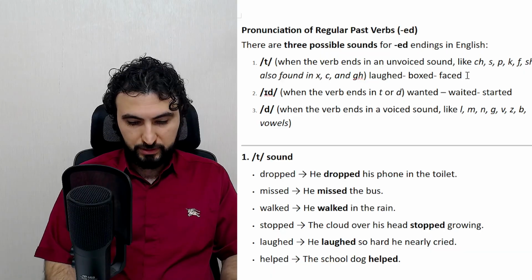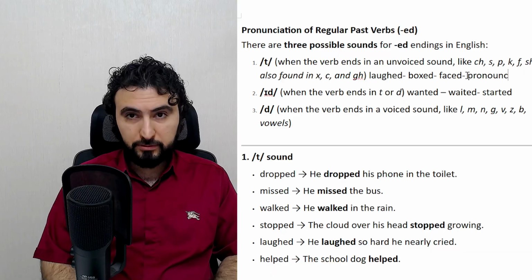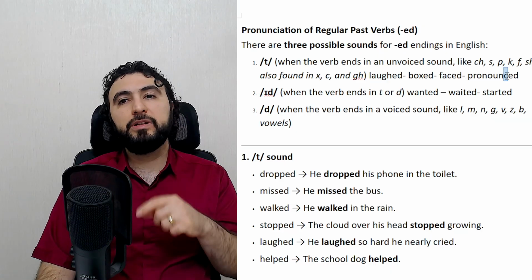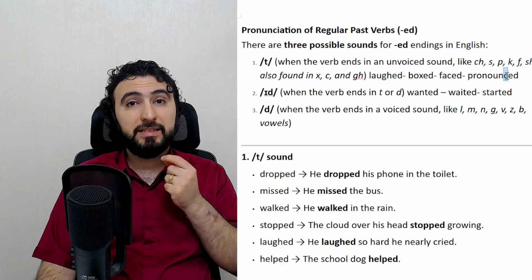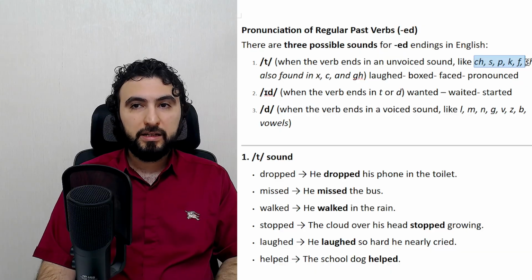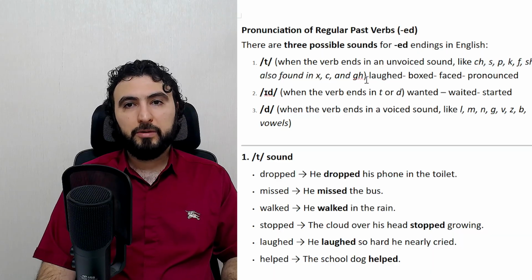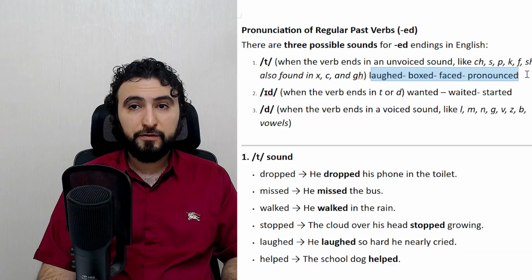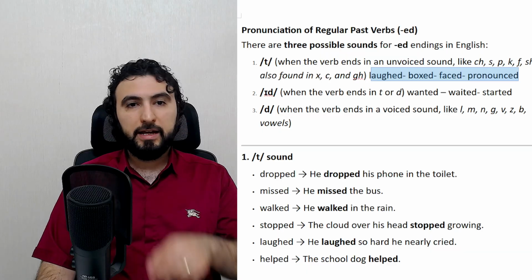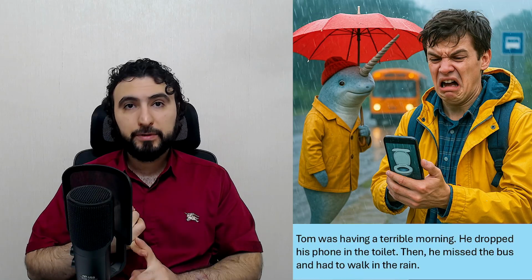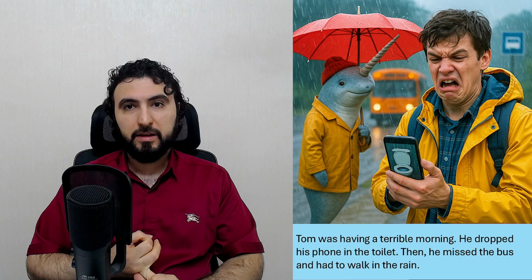Another one is pronounced. As you see, there is a C, but what's important is that this C is pronounced as se. When you have one of these sounds, then the ed is te. So we have words like laughed, boxed, faced, and pronounced. And in this text, there is dropped and missed.